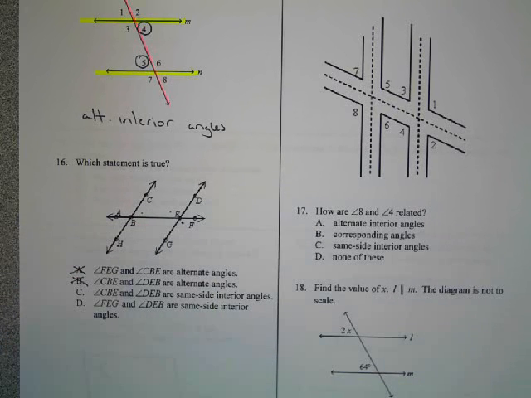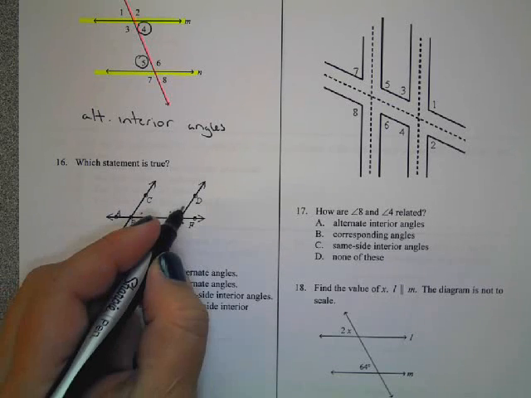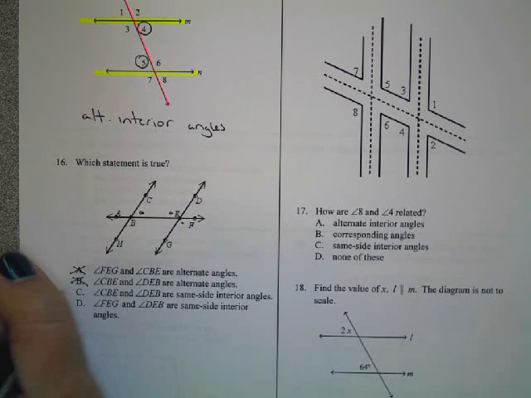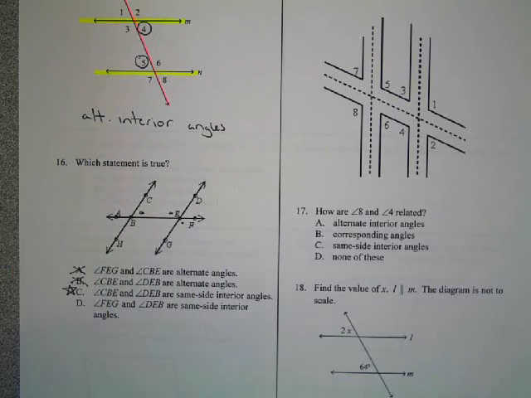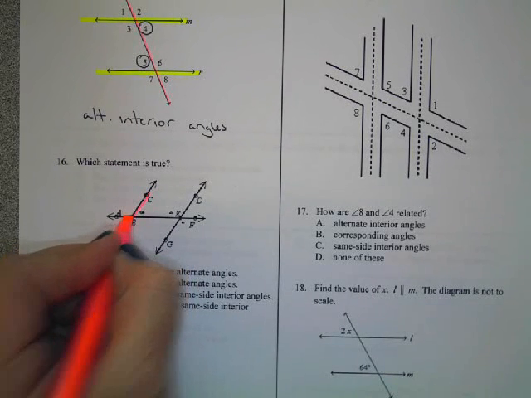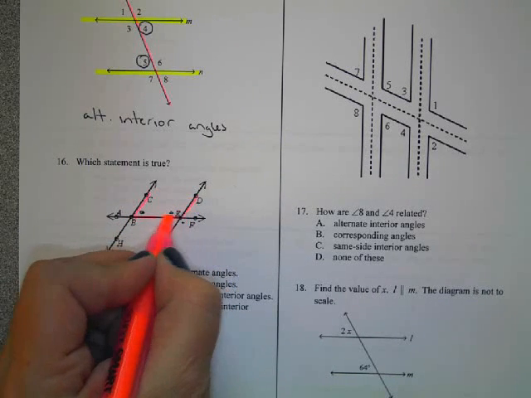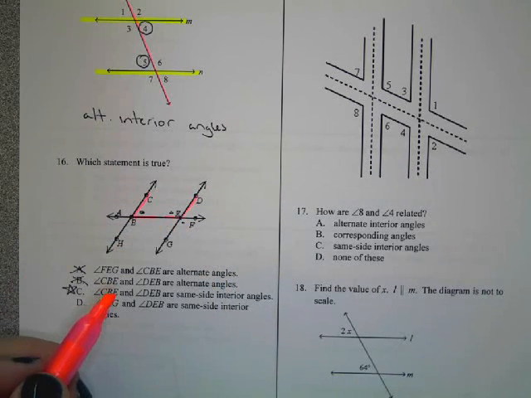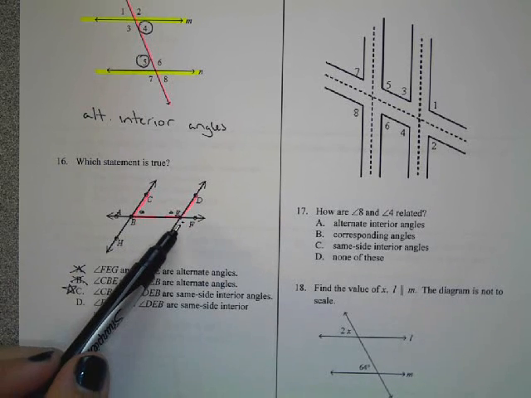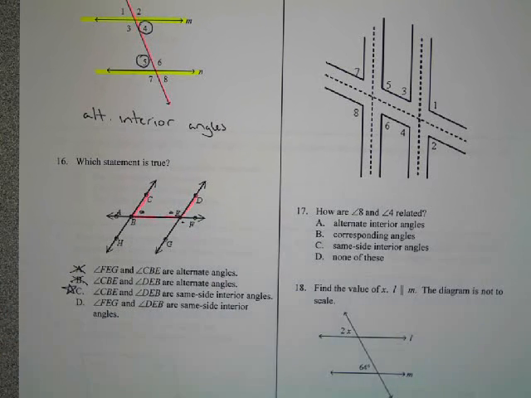CBE here and DEB are same side interior. That's true. So CBE and DEB are on the same side. And let's just make sure there's no mistake. So FEG is here, and DEB, those would be vertical. So the correct answer is C.